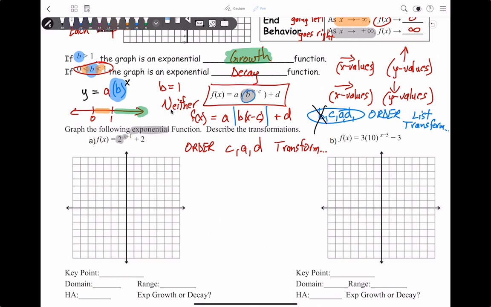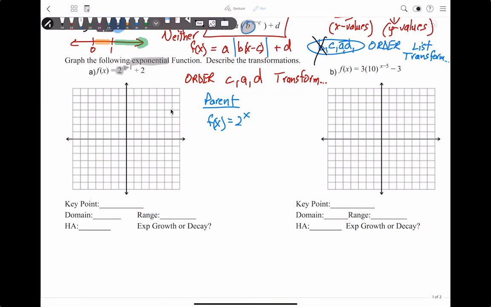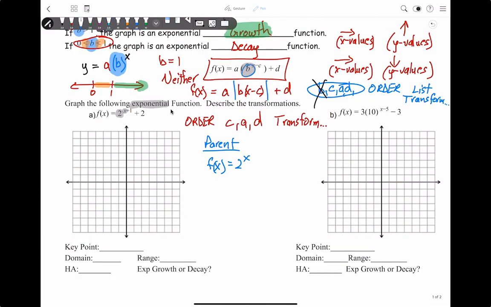So I'm interpreting this default parent function as f of x equals 2 to the x, just like what we started way up here. Well, because it's plus 1, what I want you to know is anything in the power is a horizontal change. Let me go ahead and write it out first.